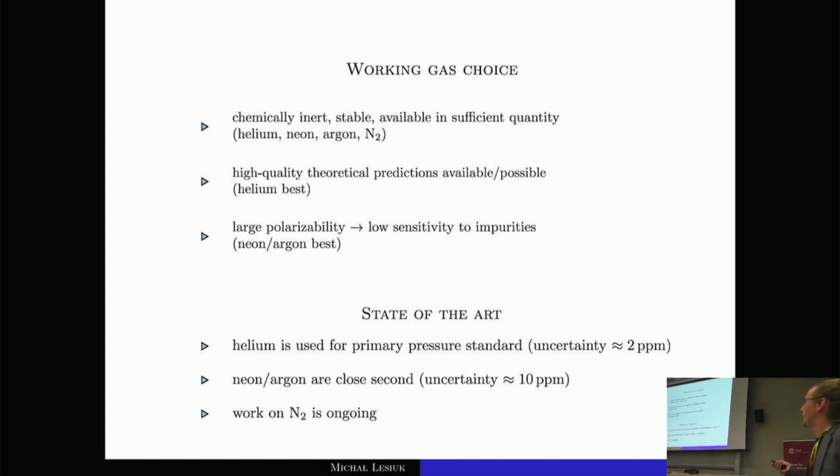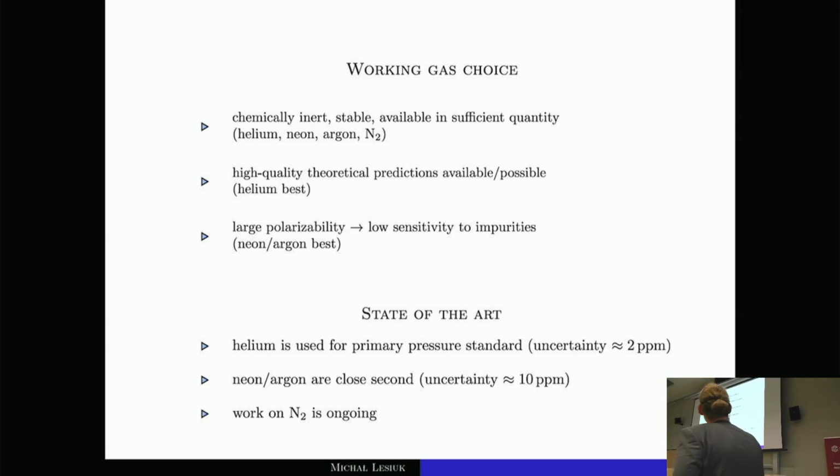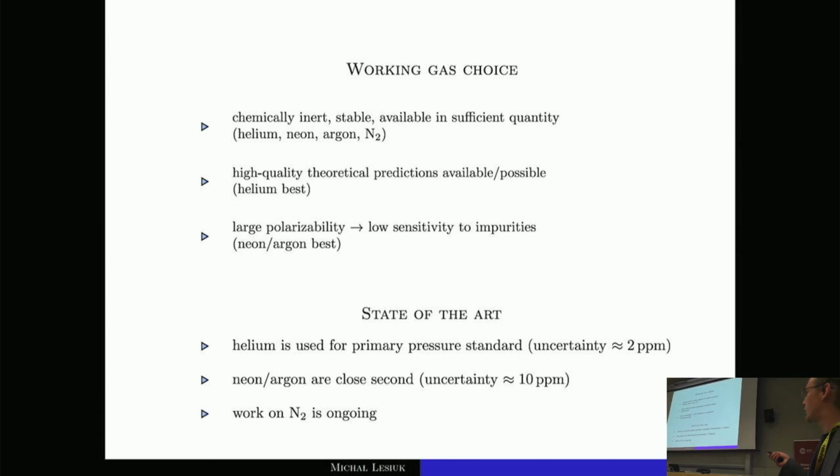The second thing is that you want to evaluate all these virial coefficients. It would be best to take them from theory, so you need high quality theoretical predictions. For that, of course, helium is the best because it's the smallest possible system.